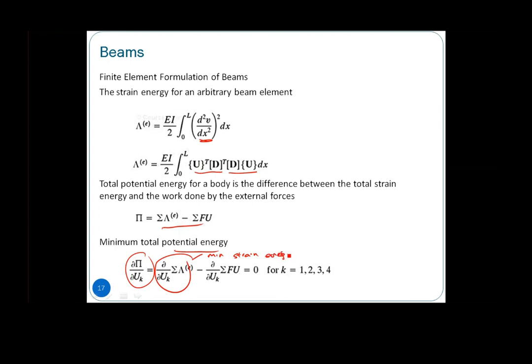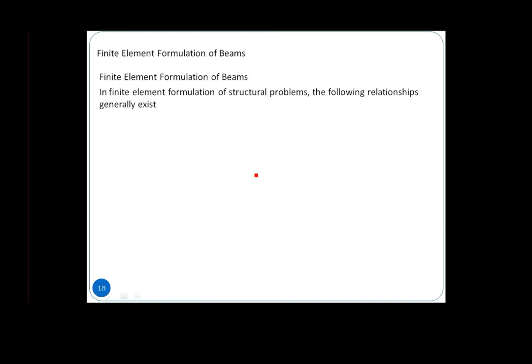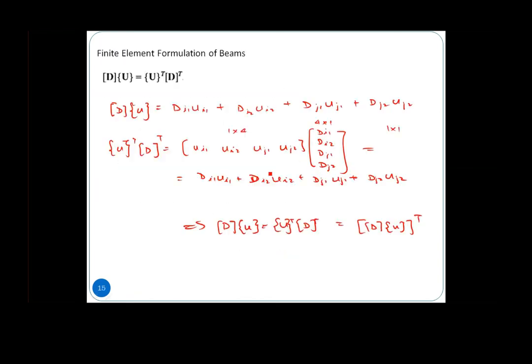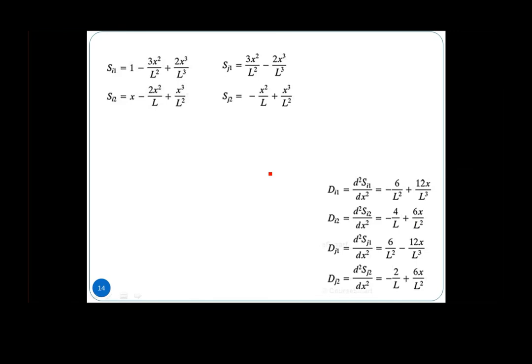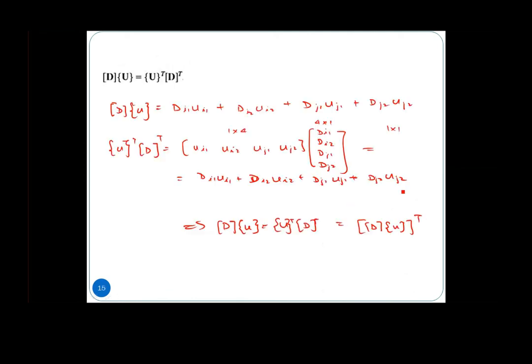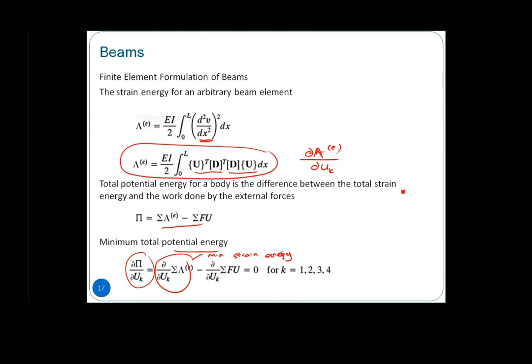Basically we want to find del lambda over del uk from here. Let me show you this, just to show how you find the d only, you differentiate. I don't want to explain much on this.